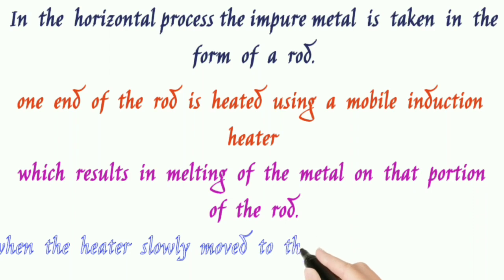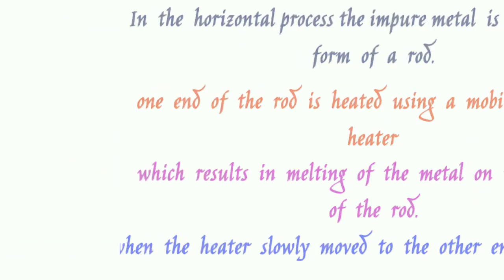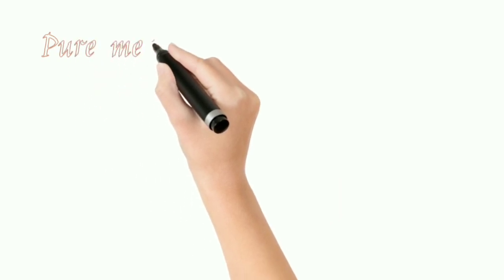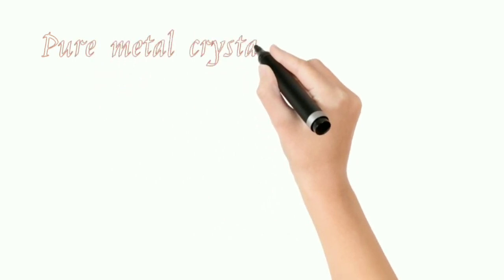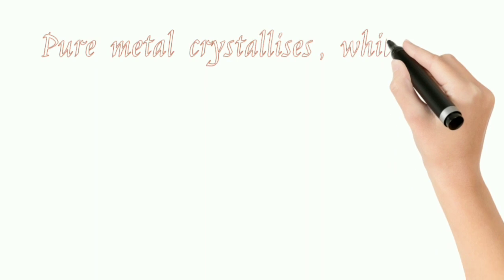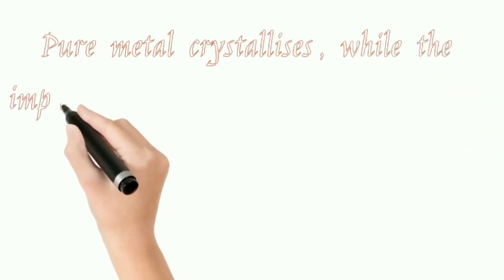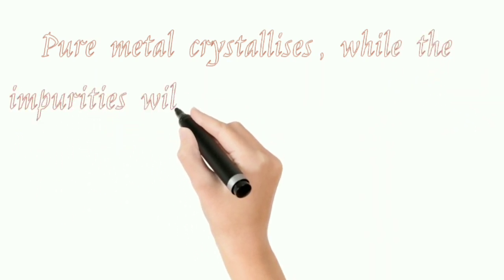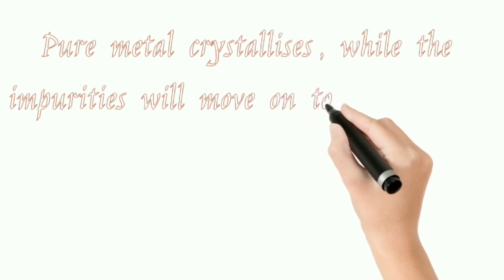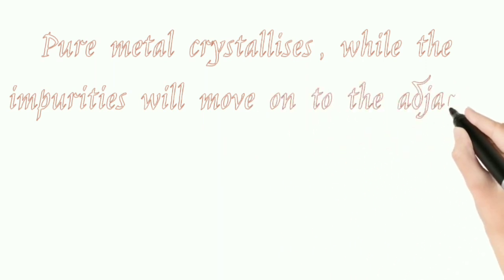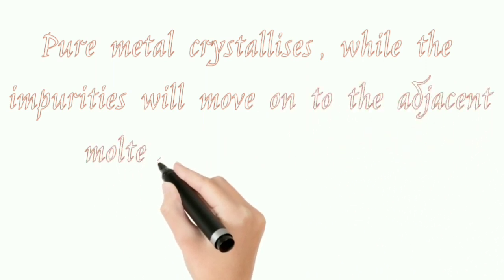Am I right? So I'm moving that heater slowly from one end to the other end. What will happen? The pure metal crystallizes. Yes, so we get the pure metal, while the impurities will move to the adjacent molten zone formed due to the movement of the heater.